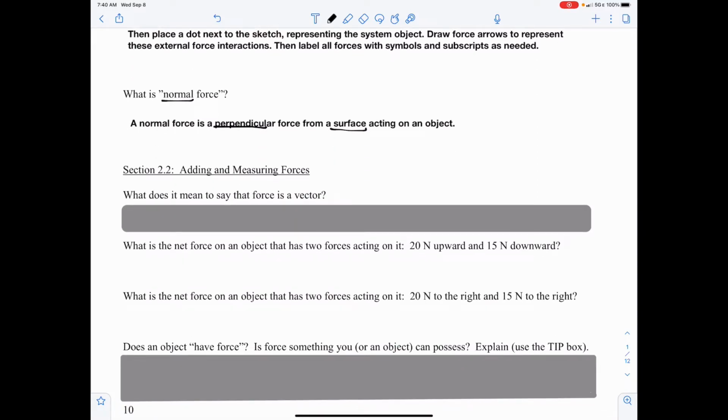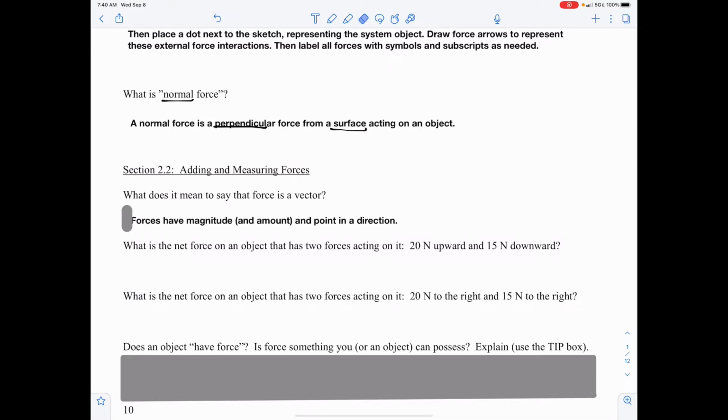Section 2.2, Adding and Measuring Forces. What does it mean to say that force is a vector? Forces, being vectors, have magnitude, which is an amount of force, and they point in a particular direction. Let's spend a second taking a look at how to find the net force in the following situations.